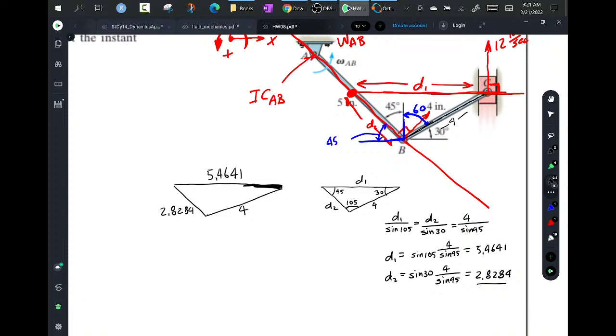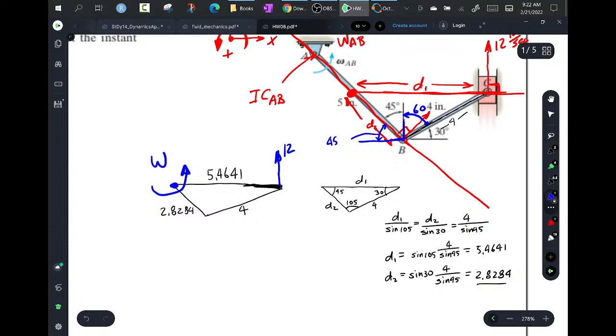And now this thing appears as though it's rotating about that. And on the tip, this is 12, and this is something.